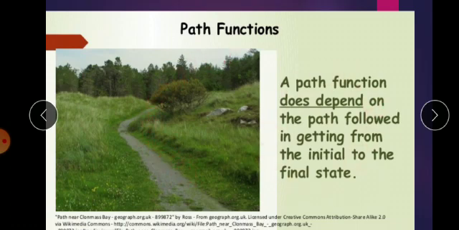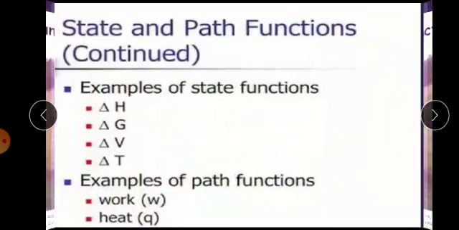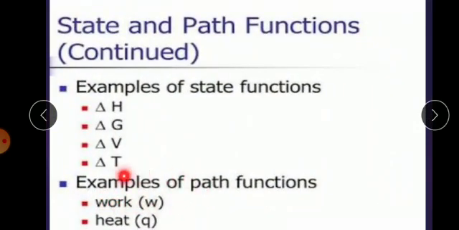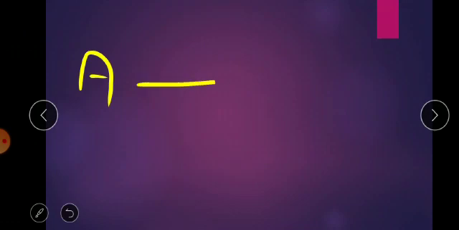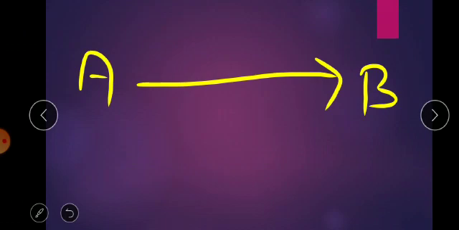This path function may be work or Q, work or heat: W is work and Q is heat. Suppose a system is traveling from A to B. So it reaches B. These two we said are state functions.